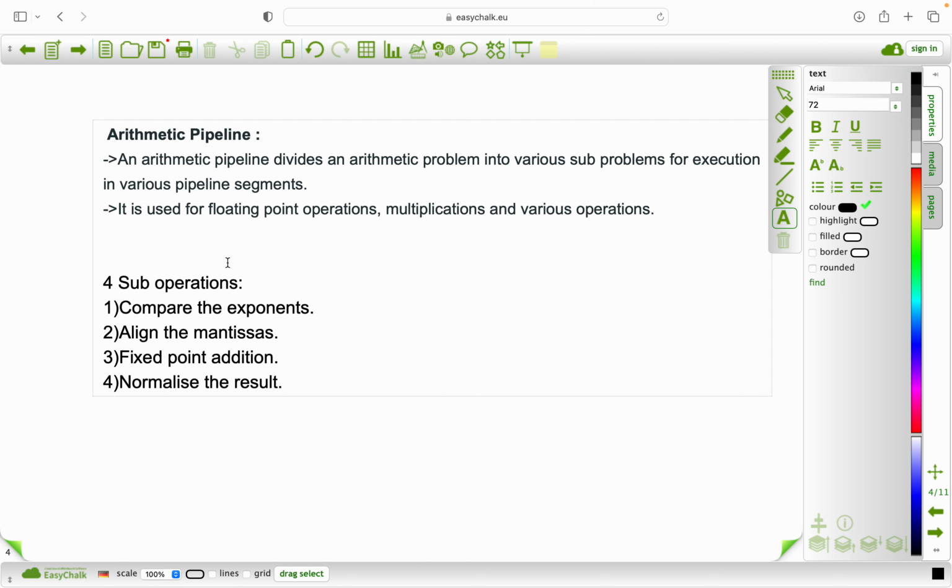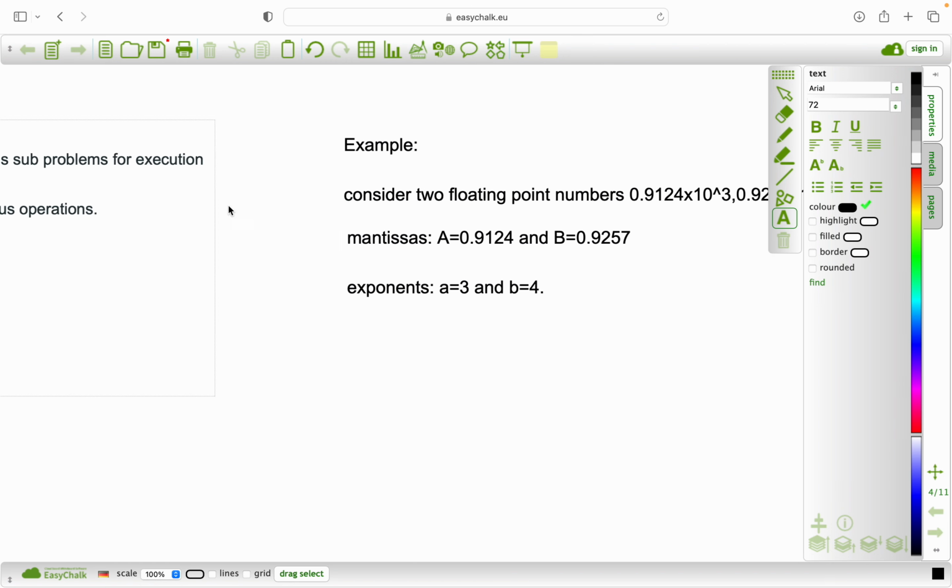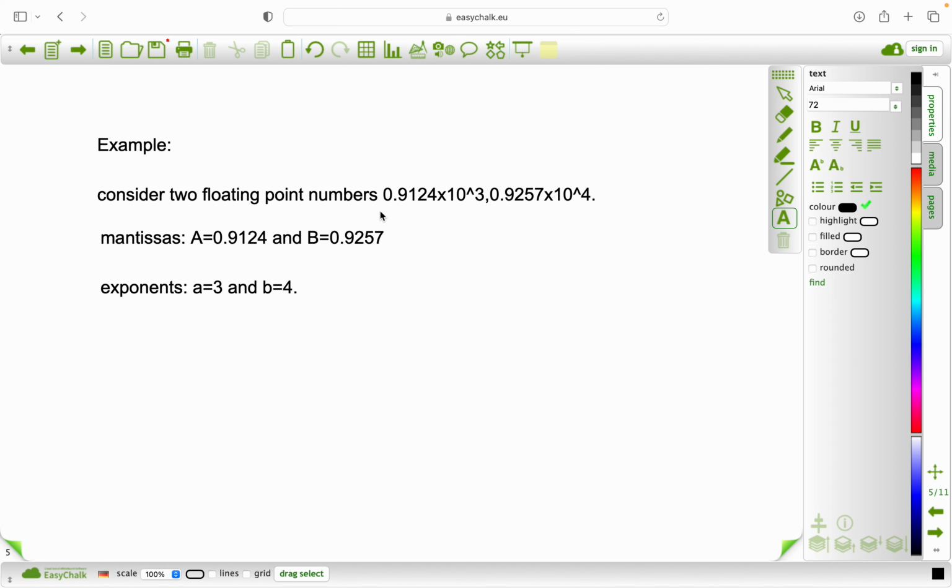Now, as we go forward, we are going to look at the 4 different operations. We are taking 2 floating point numbers, 0.9124 into 10 power 3 and 0.9257 into 10 power 4. These are the 2 floating point numbers that we are taking for the current example for the demonstration.